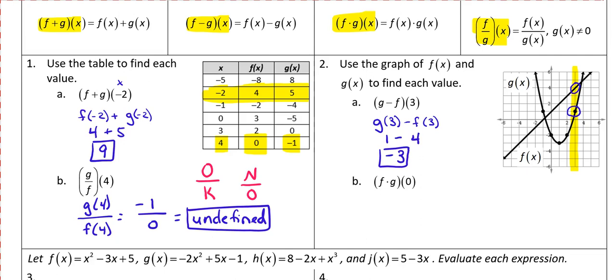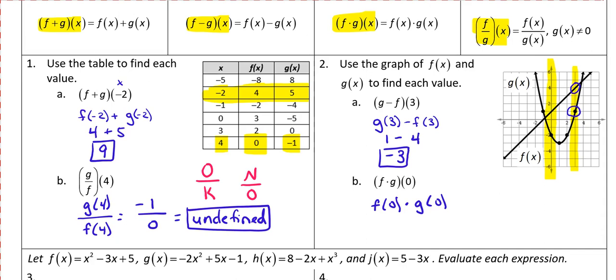Okay, what if I have f times g of 0? So f of 0 times g of 0. So again, we're going to go to where the graph is 0. So in this case, where x is 0 is right here, which means it's going to be all along the y-axis, and we're going to find a point.